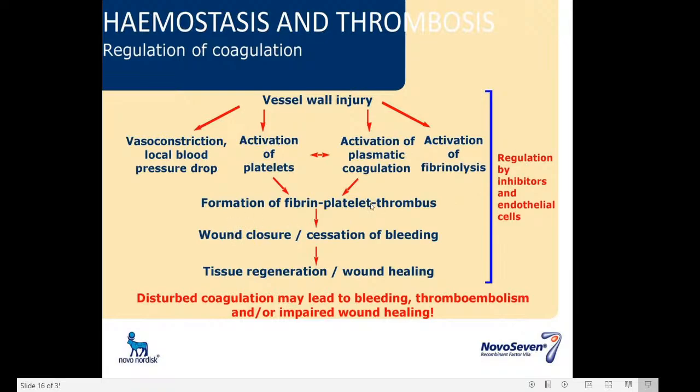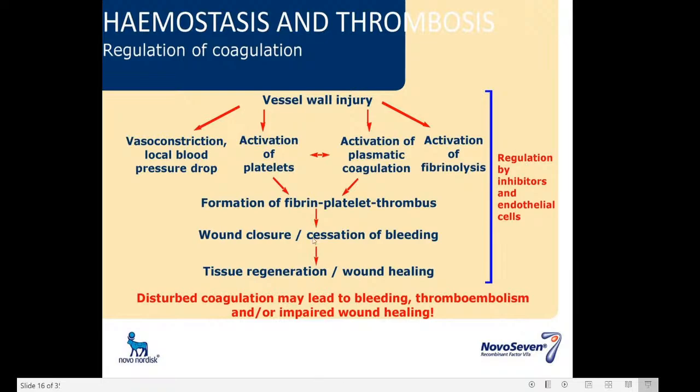These fibrins come together at the injured place and make an outer layer, which is the wound closure, stopping the bleeding.